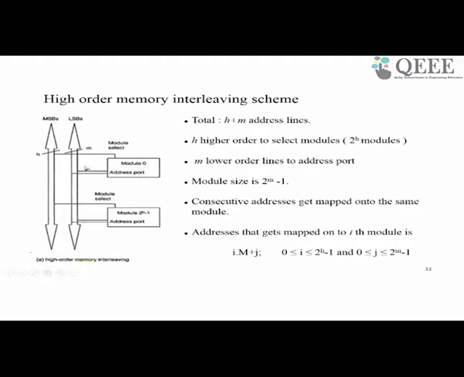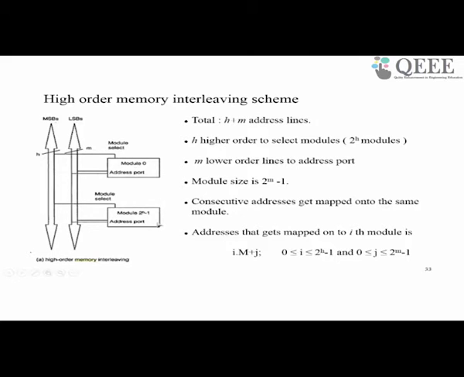So we use a number of modules, and each module is selected by an appropriate decoding circuitry which takes these H lines as the input. There are H lines used for module selection, so we can select up to 2 power H modules, numbered from 0, 1 to 2 power H minus 1. Let us say if H is equal to 3, then 2 power 3 is 8.